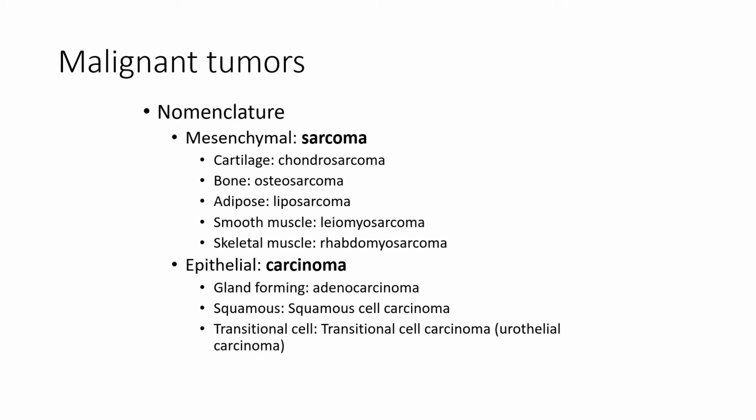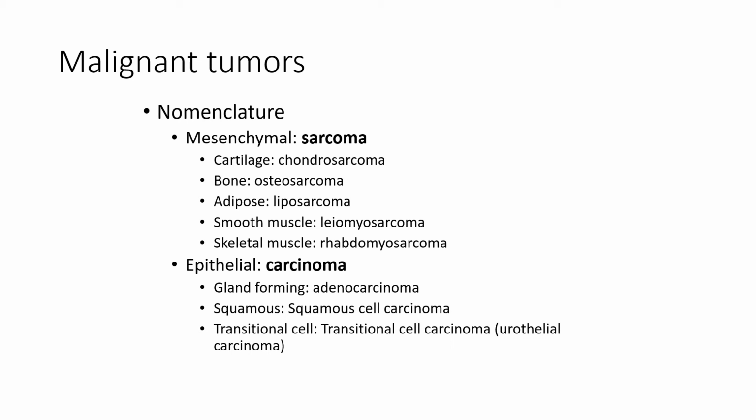For malignant tumors, the nomenclature for mesenchymal malignancy is called a sarcoma. If it is a cartilage malignant tumor, it is called chondrosarcoma. If it's derived from the bone, it's osteosarcoma. If it's from the adipose tissue, it's liposarcoma.